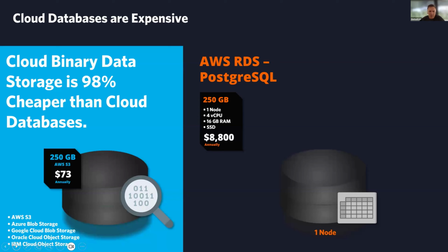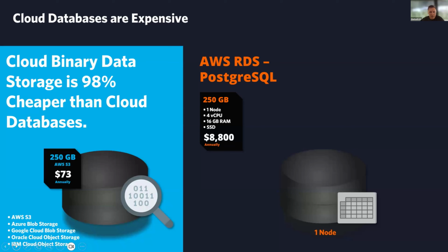For instance, 250 gigabytes costs around $8,000. This depends on the size of your machine, of course, and there are different configurations. Probably you can also find a much cheaper configuration, probably around $4,000 per year.